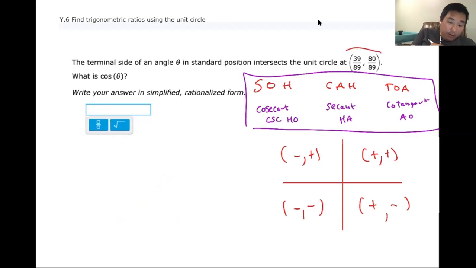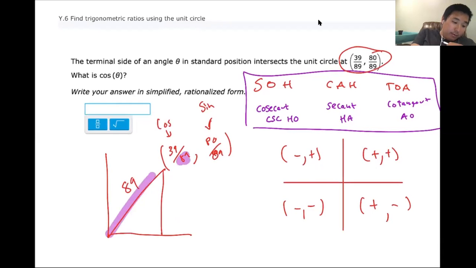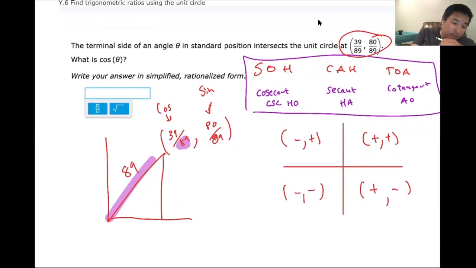This point right here is 39 over 89, comma, 80 over 89. What you need to know is that this is the sine and this is cosine. So this side is 89, that's hypotenuse. I got that from right there. Call this theta.